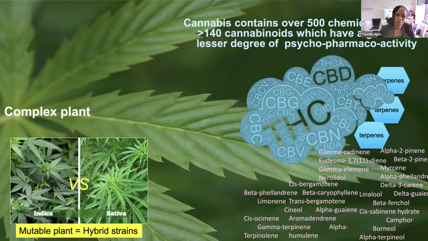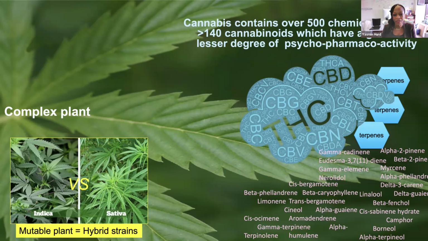Also, the original plants on the planet, people would talk about two different types of strains, indica and sativa, that had higher or lower amounts of THC. But today, what's available are hybrid strains, because they've mutated these plants to change the concentrations of these cannabinoids and even the other chemicals in the plant.